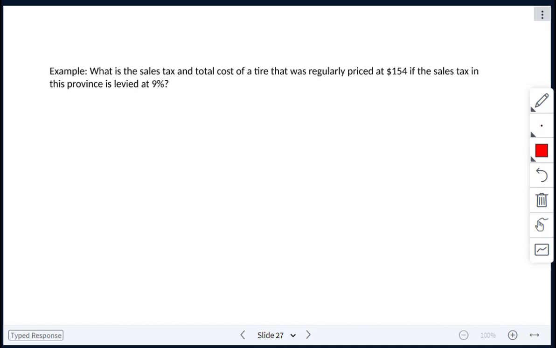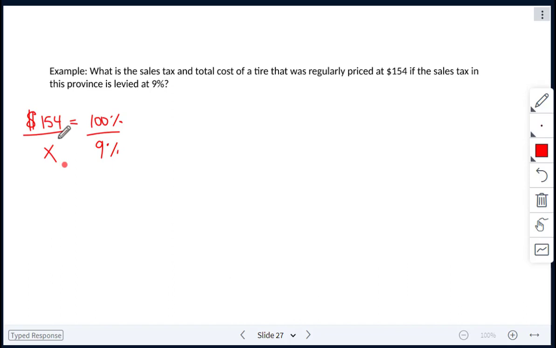So our first example, what is the sales tax and total cost of a tire that was regularly priced at $150 if the sales tax in this province is levied at 9%? All right, so setting this up as a ratio, $154, that's the 100% value that you're purchasing, but you have that 9% tax on top of that.